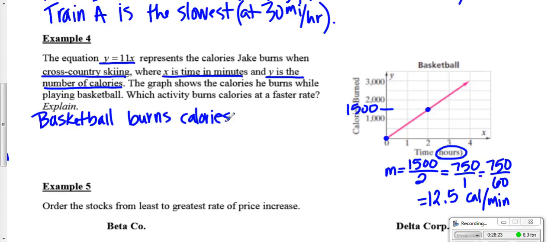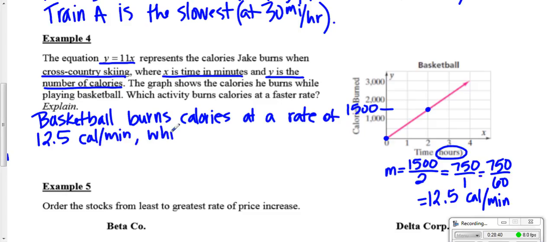So it is burning calories at a rate of 12.5 calories, I'm abbreviating, per minute, which is more than skiing. And we're going to put this all in our sentence, okay? We're going to have a clear thought.